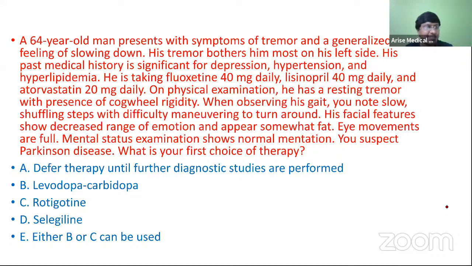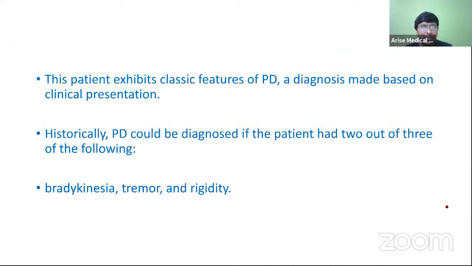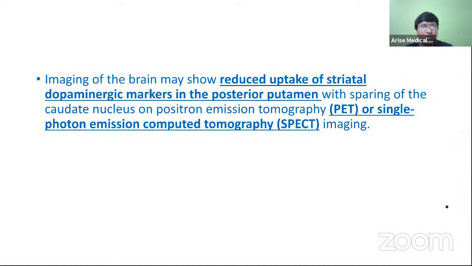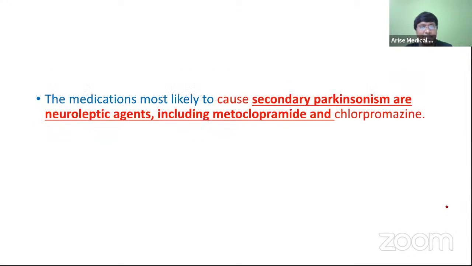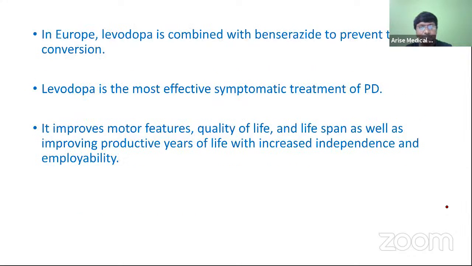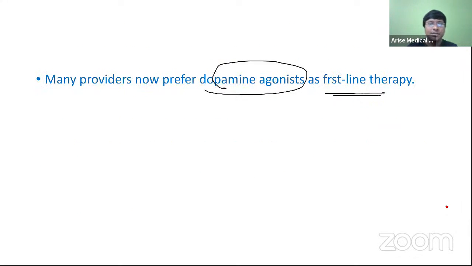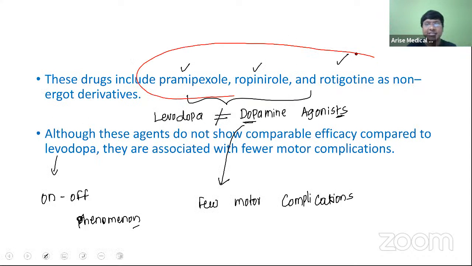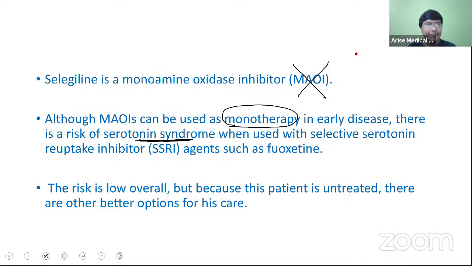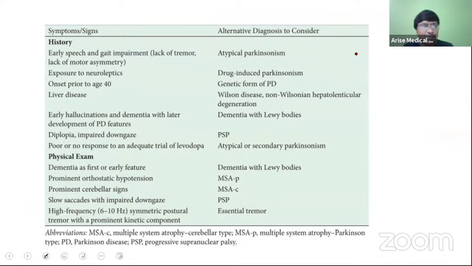Dopamine agonist, that is rotigotine. Rotigotine can also be given. Next, rasagiline. So these are also first line therapy for Parkinsonism. Rotigotine, ropinirole, as well as pramipexole.